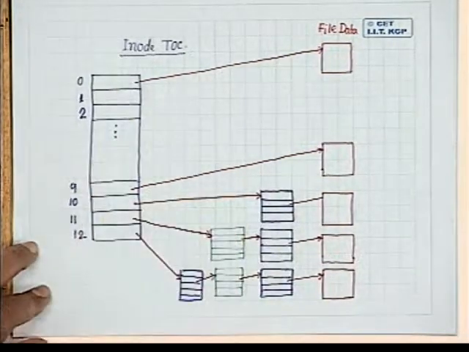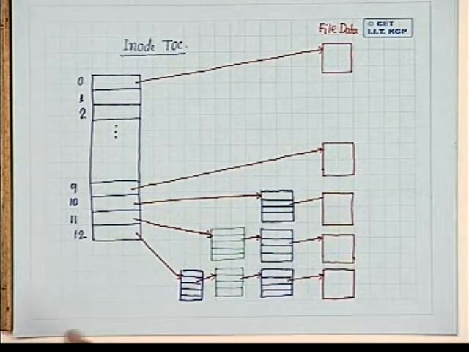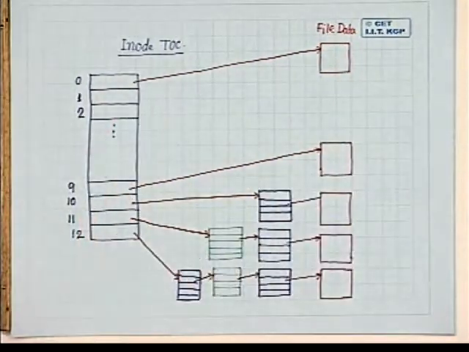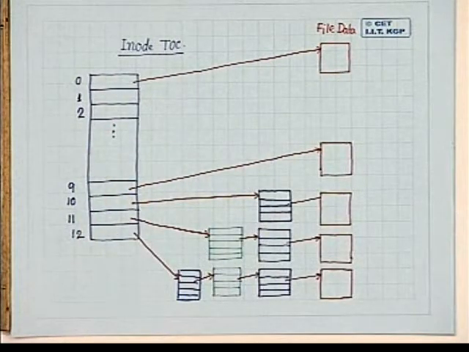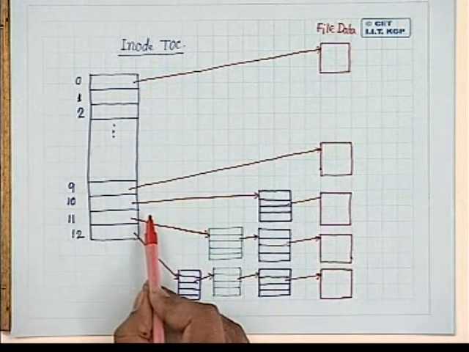So in case of direct pointers, the pointers are pointing to blocks that actually contain the file data. So these entries from 0 to 9, the first 10 entries in case of inode table of contents, they are the direct pointers. The next entry, that is 10th entry, is a single indirect pointer.